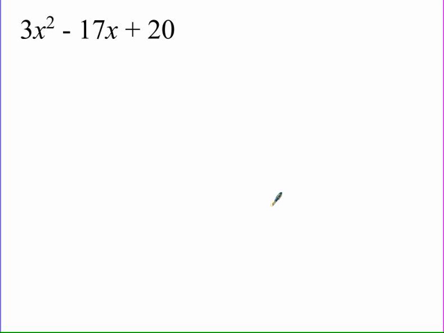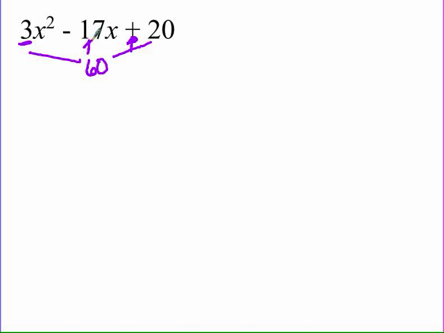3x squared plus 17x plus 20. Is there something in common with those 3? No. I've got an x squared here that's not 1. So what do you have to do? Multiply first and last, and what do you get? 60. 2 factors of 60 that add up to 17.